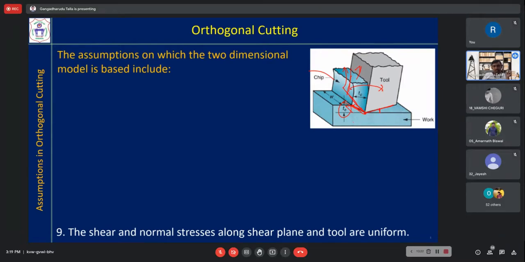The shear and normal stresses along the shear plane and the tool are uniform. If you consider the shear plane, you can see here you have one shear plane. In this plane, whatever stress is there, that is uniform throughout, and normal stress is also uniform.